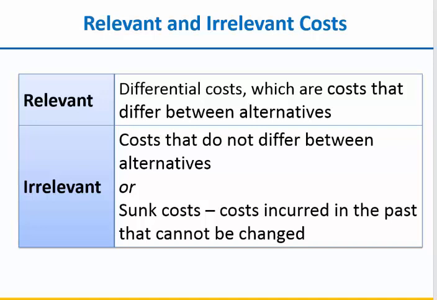Sometimes we also have a so-called sunk cost, a cost incurred in the past that cannot be changed. For example, here the manager bought a building for manufacturing 5 years ago. It cost about $5 million US to buy that building 5 years ago. Now the manager needs to decide whether to buy new equipment and machines to put inside that building.